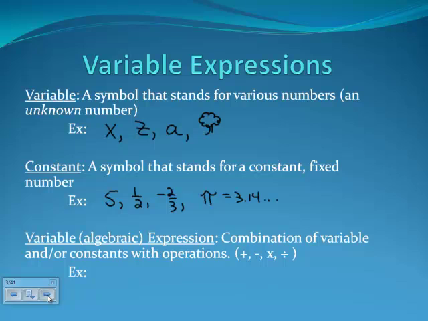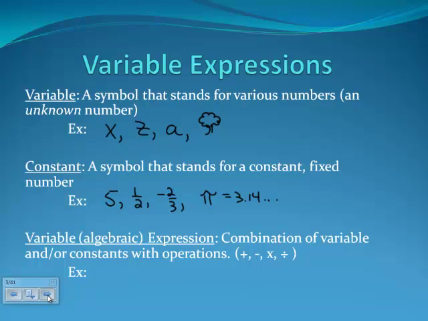The thing I want you to notice here is there's not an equal sign in an expression. Once you take an expression and you put an equal sign in it, it is no longer an expression, it becomes an equation. So there's a subtle difference between expressions and equations, and a lot of times that wording can help you decide what the problem, if you're doing homework, let's say, or doing a test, is actually asking for.